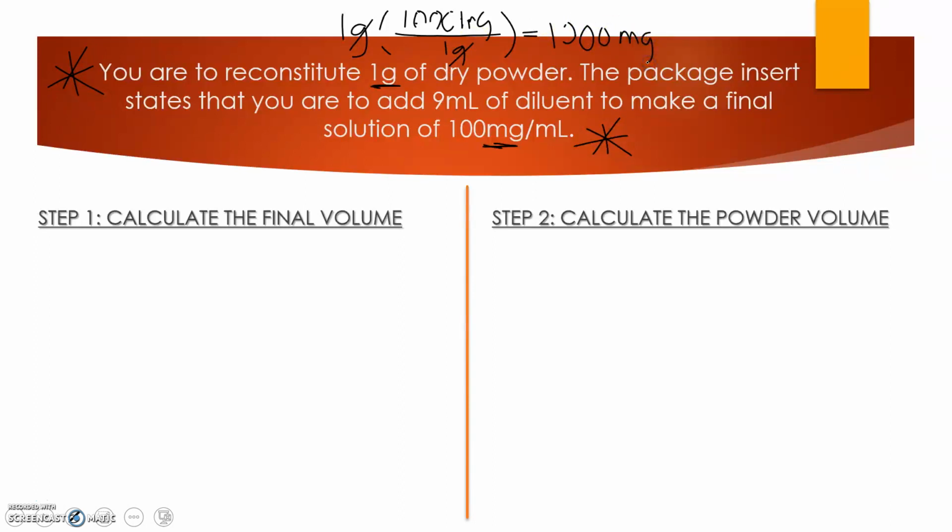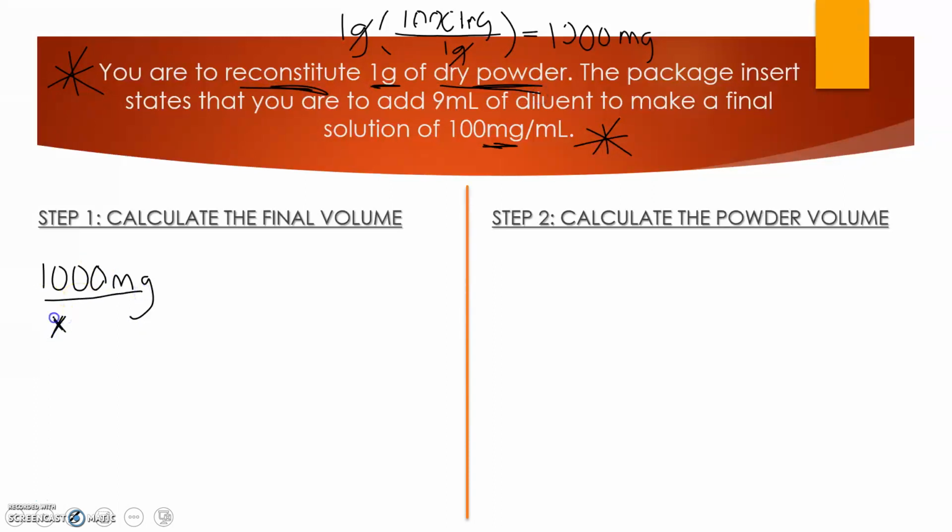Okay, so we're going to reconstitute 1,000 milligrams of dry powder, and we are making 100 milligrams per ml. So we need to know how many final mLs we're going to have by using those 2 numbers. So we have on one side 1,000 milligrams because that's how much reconstituted dry powder we have.